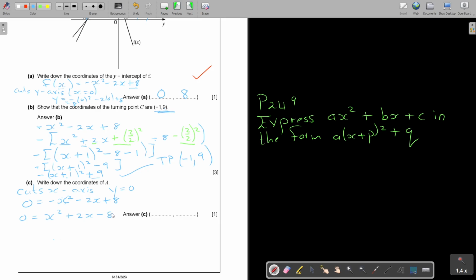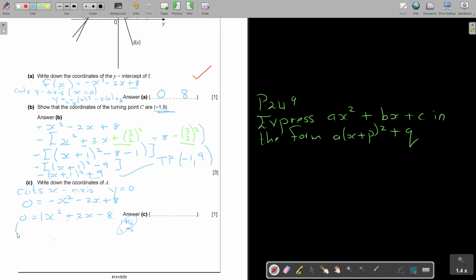And now I factorize. It's 8, so it's 4 and 2, and this is 1, so 1 and 1. If I cross multiply, 4 minus 2, I get that 2. And the bigger one gets a positive sign, and this one gets a negative.